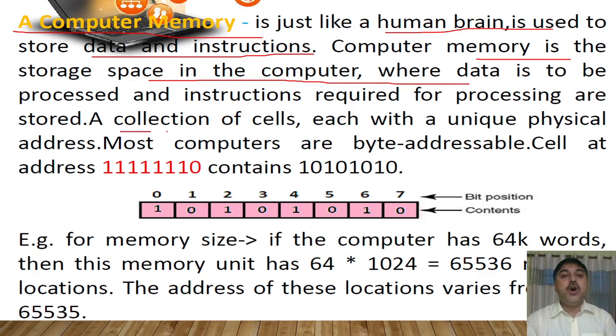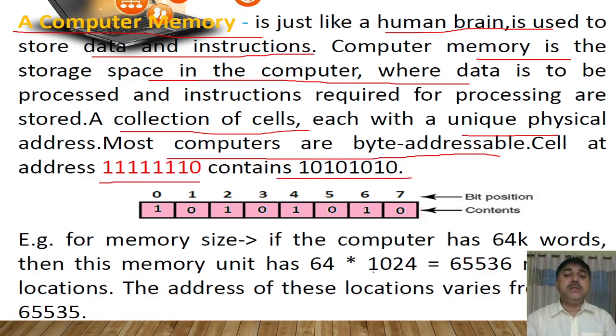It is a collection of different cells, a lot of cells, and to each we can uniquely give a physical address. Okay, most of the components are byte addressable, and this is one example that has been given. This is the cell size we take, and this is the memory size.